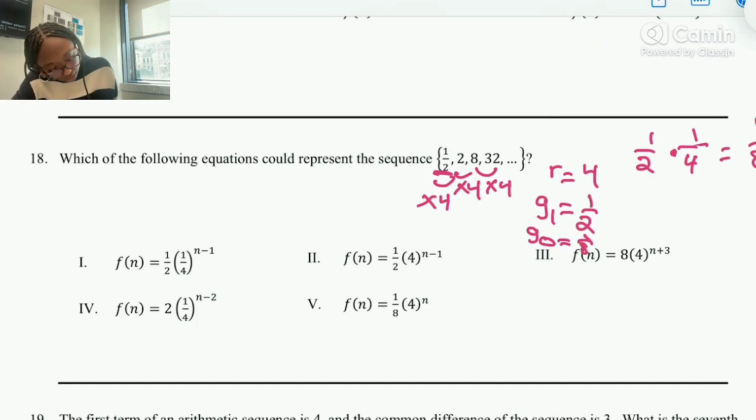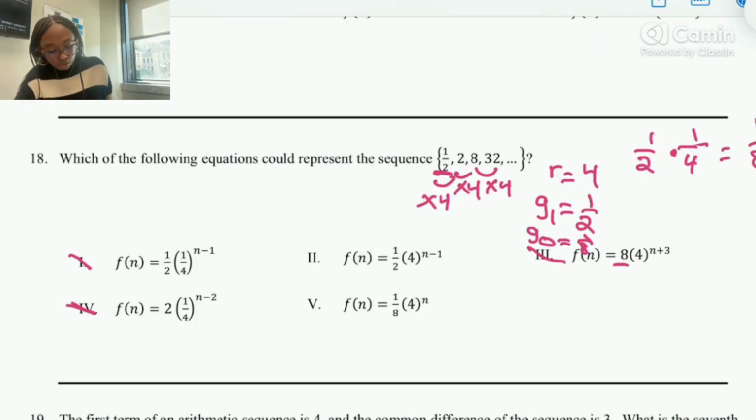So we know this one's out because we do not have 8 anywhere. We know this one will not work because our common ratio is not 1/4, it is 4. We know that number 4 is out because our second term is 2. However, our common ratio is not 1/4.